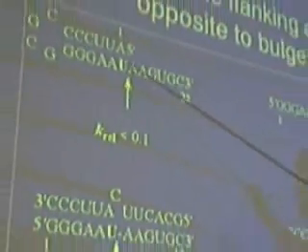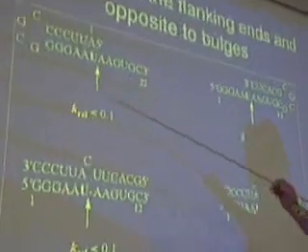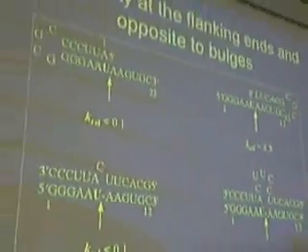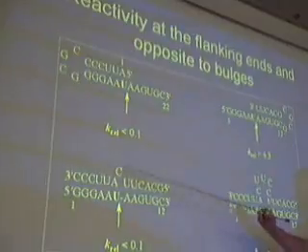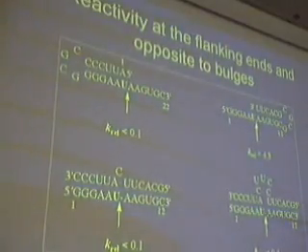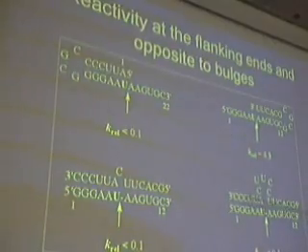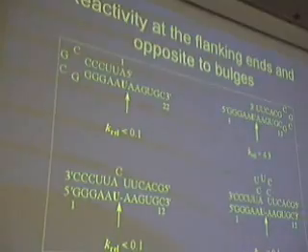But here, if the attacking nucleoside is base paired, then it is stabilized. And a bond opposite to a bulge, a small one or a large one, is also stabilized. It is similar to a bond in a double helical stem, which is stable.